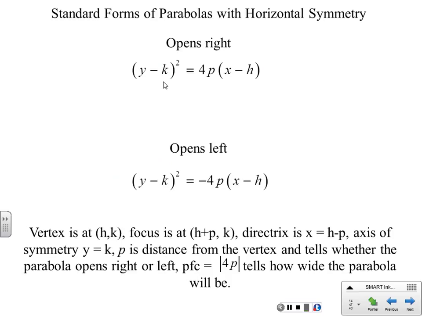And this gets a little confusing because k always goes with y. I guarantee you when I ask you to write your vertex, you're going to put k in the x coordinate. Don't do it. I know it's confusing. Think. Don't just blindly go through there. K goes with y. And if y is squared, k is the y coordinate that's over there with it.